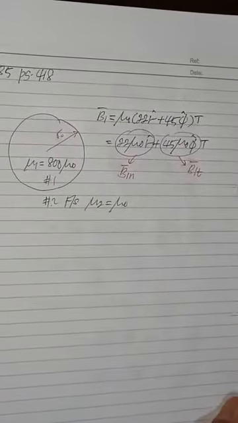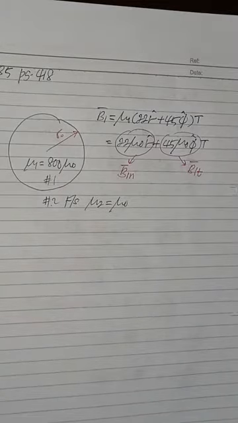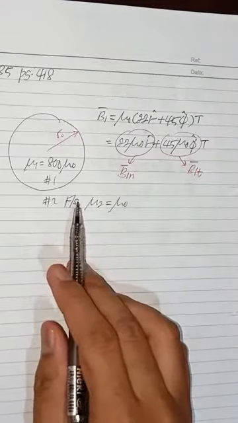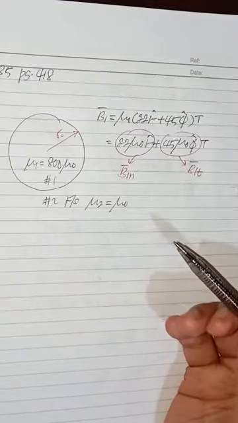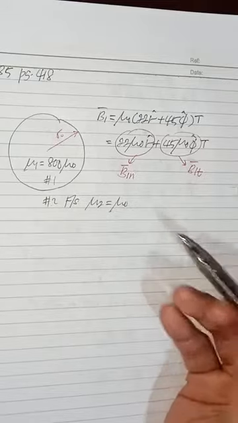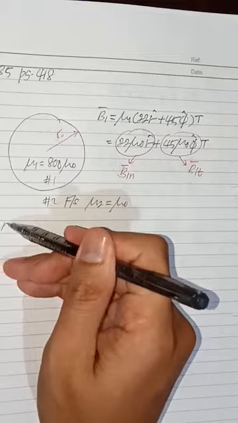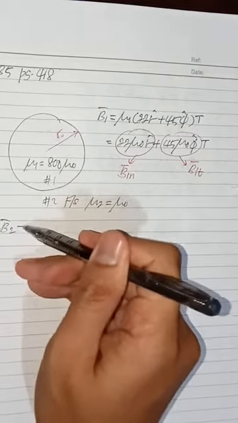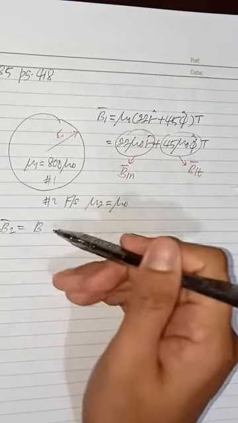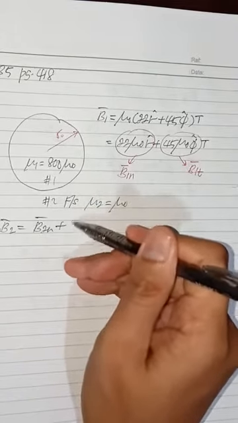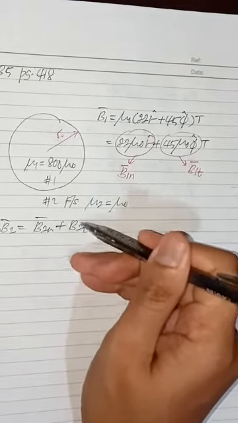Now we are going to determine B2 outside the cylinder, which exists in the free space region. To find B2, we know it is composed of two main components, B2 normal plus B2 tangential.